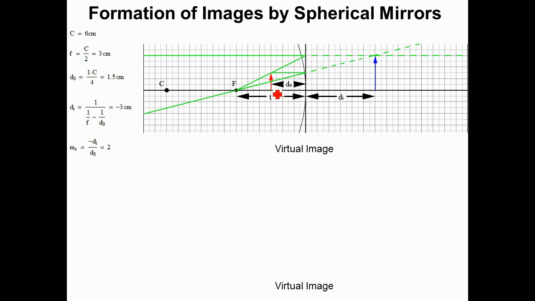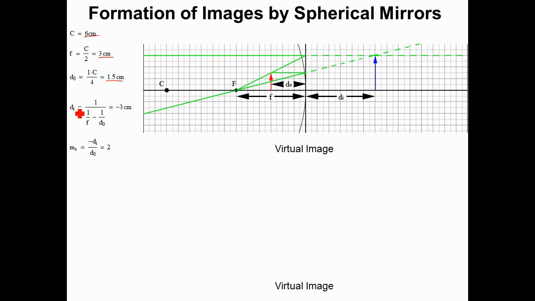So here I put my object at 1/4 the distance to the center, and so here my center is at 6 centimeters, my focus is half of that at 3 centimeters, my object is 1/4 of the center, which is 1.5 centimeters.